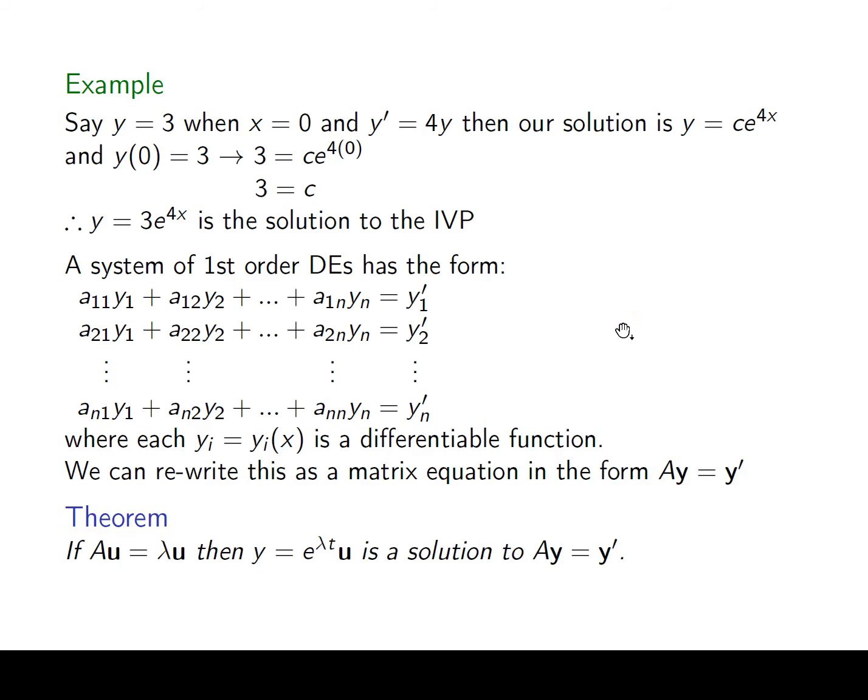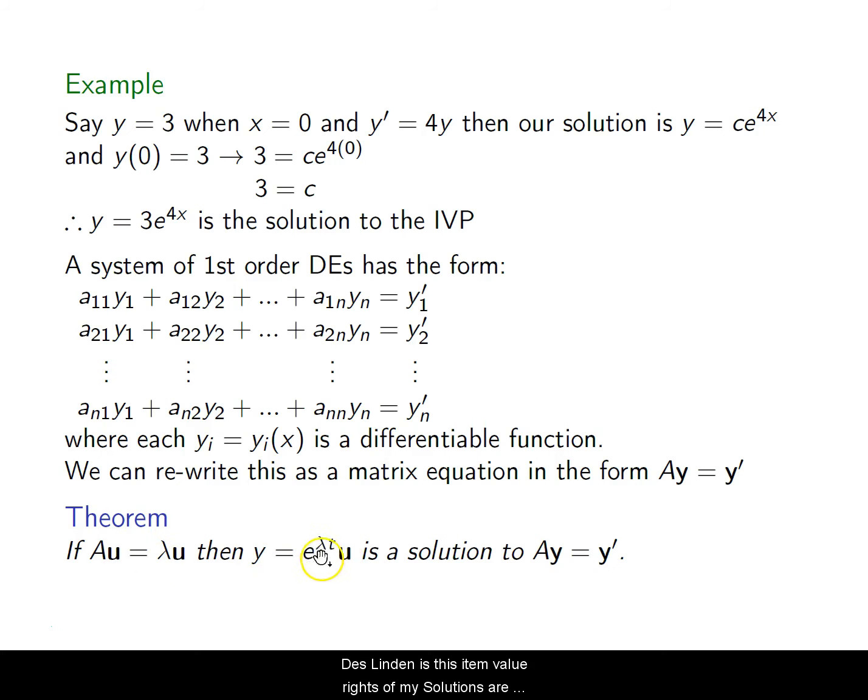If I have a coefficient matrix A times a vector u, and that's equal to lambda times u, so they're the same thing, then y equals e to the lambda t times u is a solution to this system of differential equations. Again, this u is an eigenvector. This lambda is its eigenvalue, right?